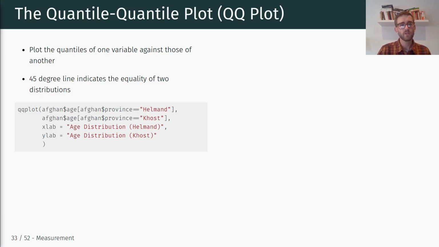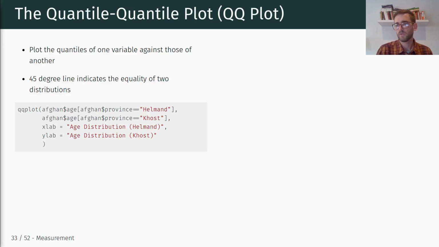In the QQ plot, the 45-degree line indicates the equality of two distributions, right? So if the QQ plot is just a straight, diagonal line, then both distributions are similarly shaped, right? And as soon as you have a deviation, then one distribution is either more dispersed or less dispersed and things like that, right?